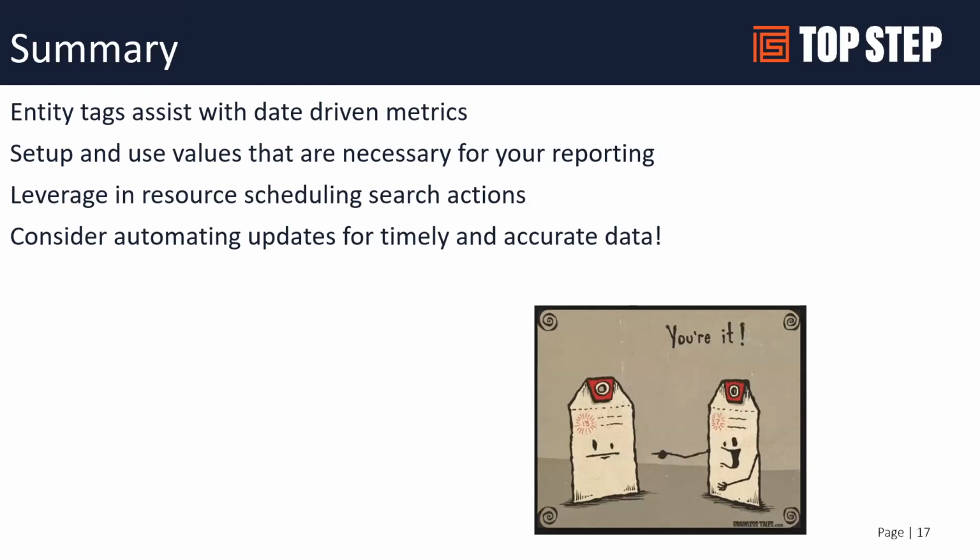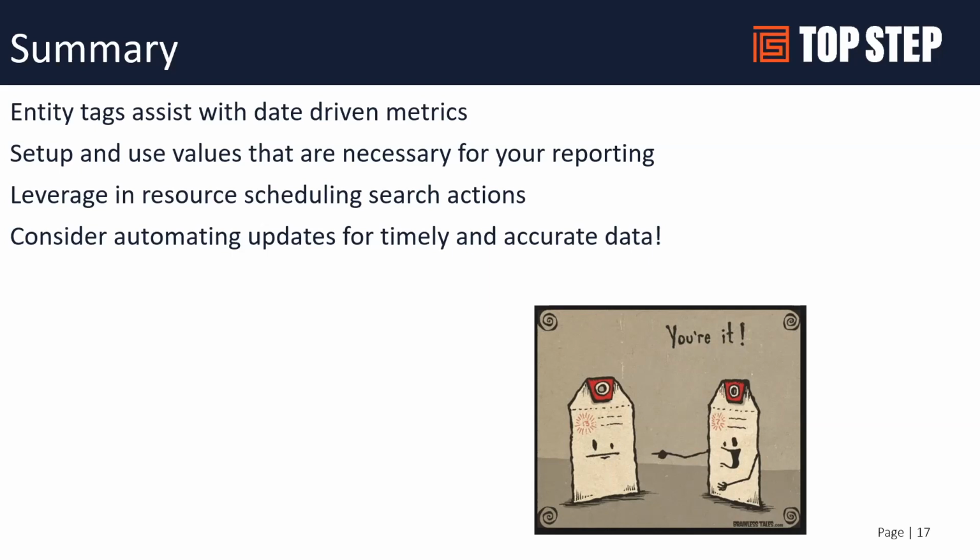All right, in summary, entity tags assist you with date-driven data. We're tracking metrics for resources, and we want to see the dates associated with when those values were updated. This is how we do it. It's great for reporting.